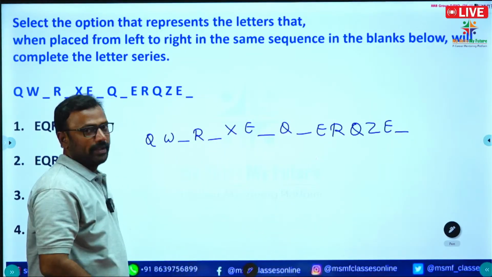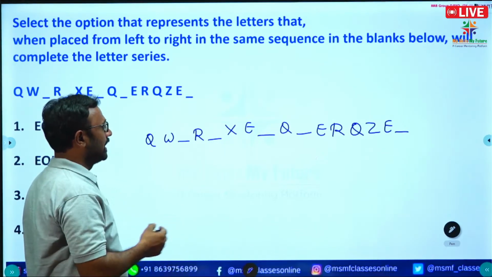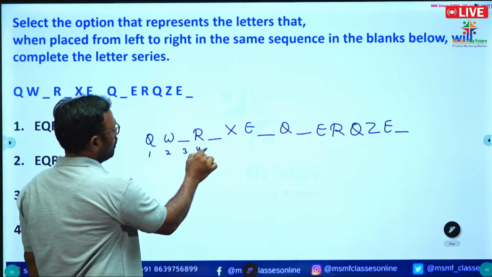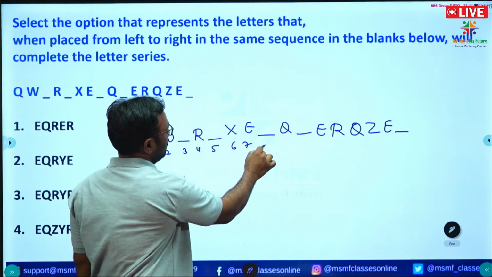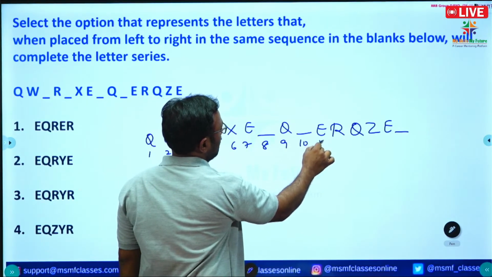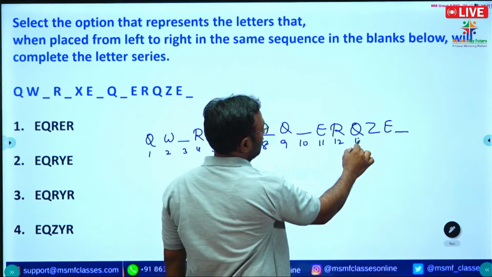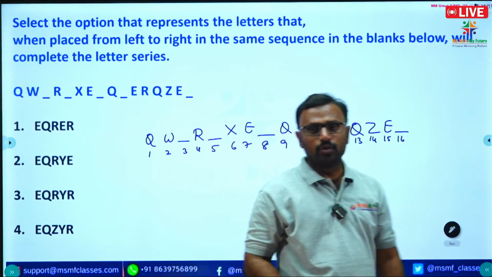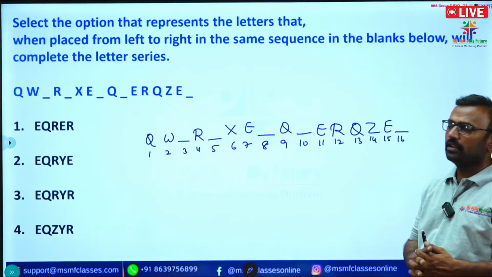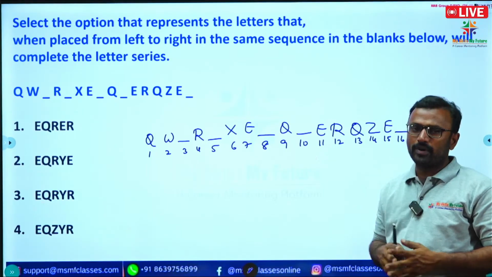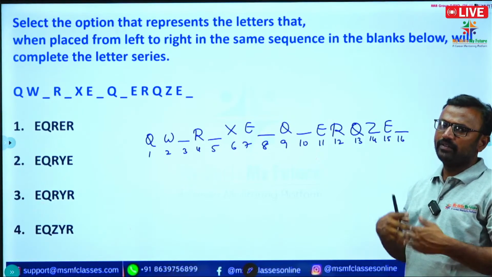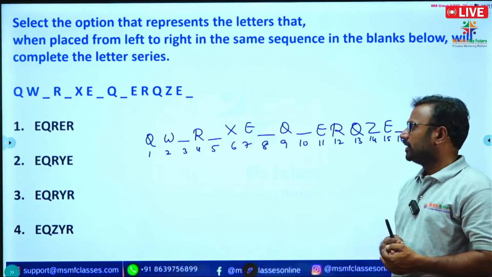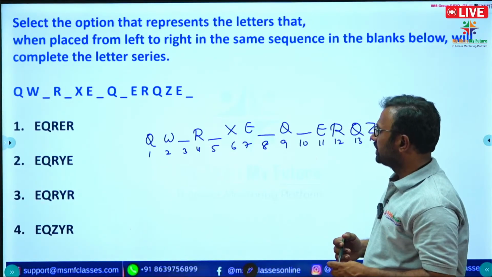First of all, count how many letters are there, including blanks. 1, 2, 3, up to 16. The total letters in the series are 16. So 16 can be divided into two parts of 8, 8, or four parts of 4, 4, 4, 4.